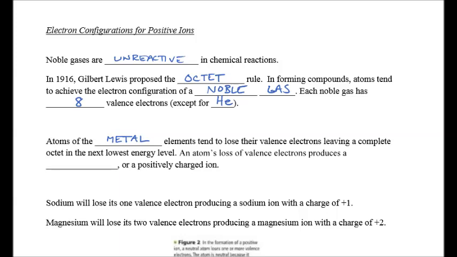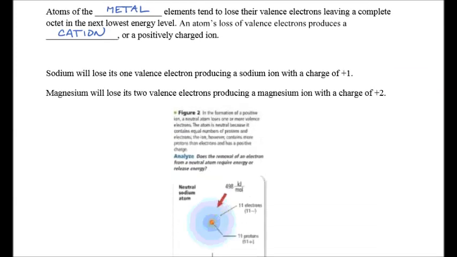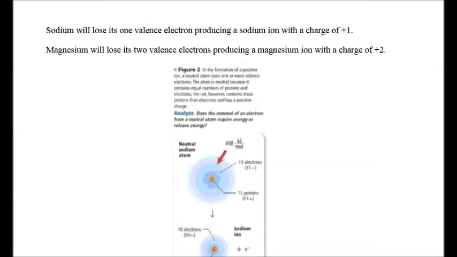An atom's loss of valence electrons produces a cation, or a positive charged ion. So sodium will lose its 1 valence electron, producing a sodium ion with a charge of +1. Magnesium will lose its 2 valence electrons, producing a magnesium ion with a charge of +2.